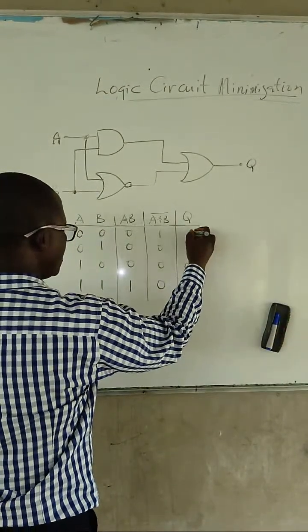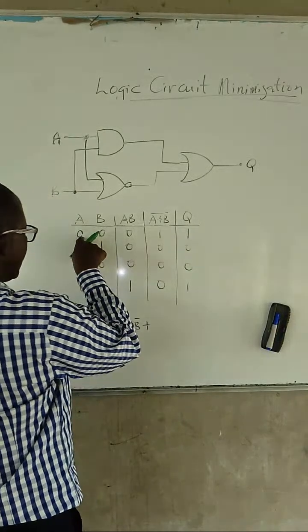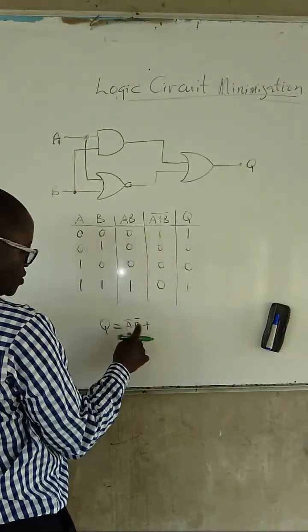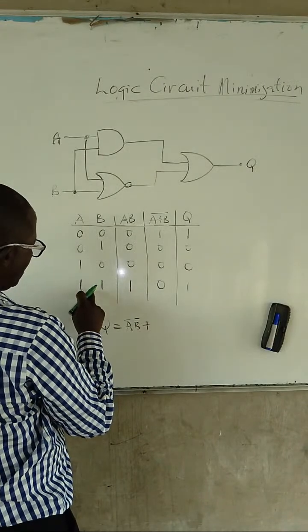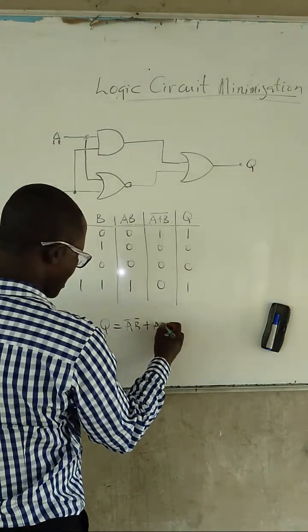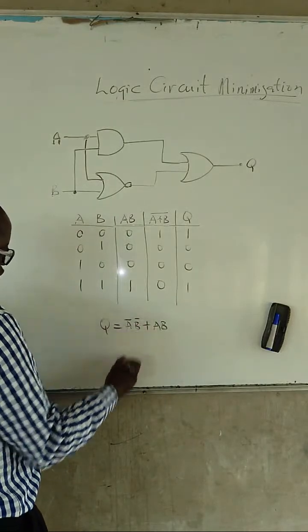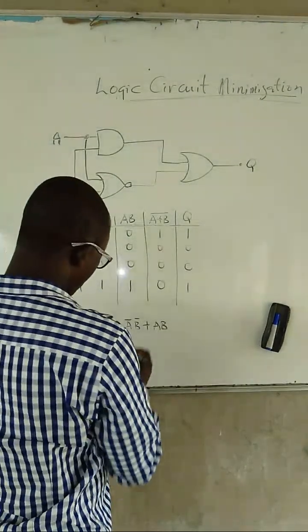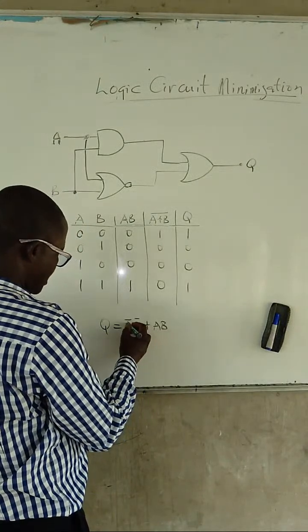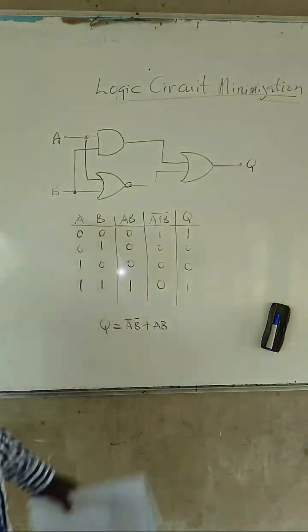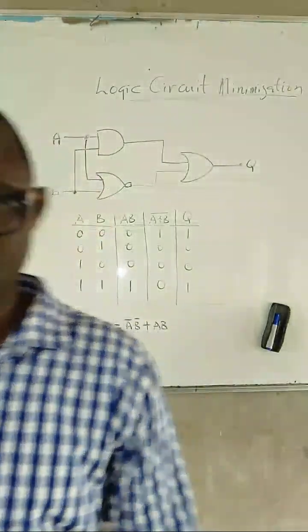This one is obtained from A bar and B bar as a product, and then the last one, A and B, as a product. So that's the Boolean expression for the output Q. If you want to write it out, it's a sum of products.